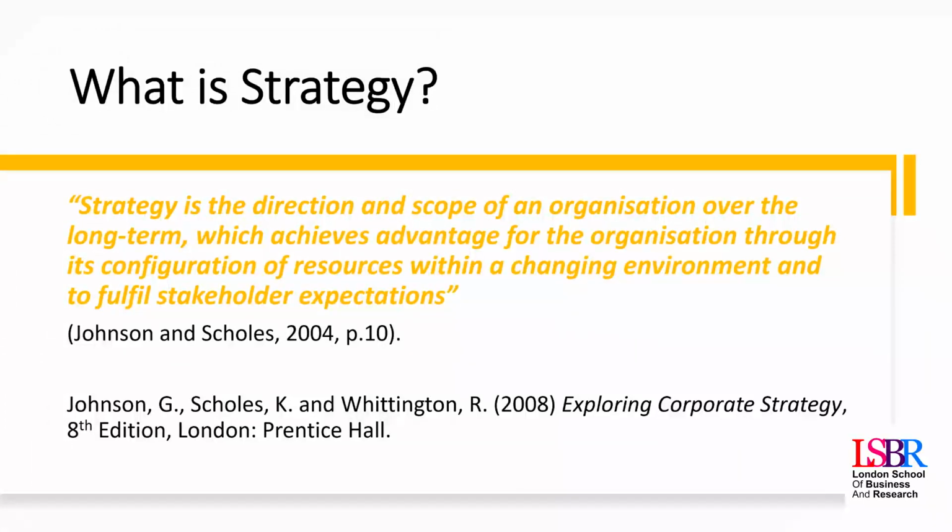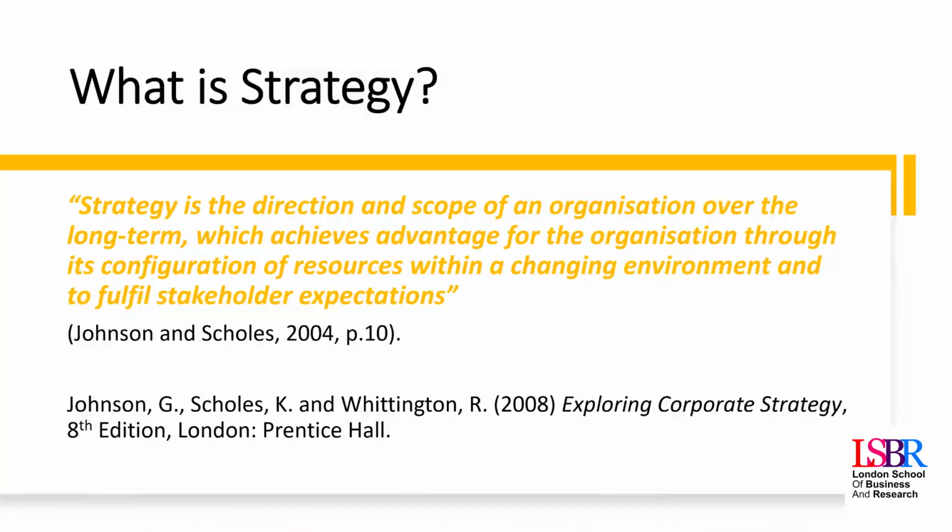A definition for strategy, now this is an academic definition taken from Johnson and Scholes' textbook. I do recommend this if anyone's looking for any readings. Gerry Johnson and Paul Scholes, Paul Scholes, a footballer. Gerry Johnson, and I think it's Kevan Scholes, 2004, they came up with this definition for strategy. And I think it's quite a holistic definition because it captures a lot of what we spoke about already.